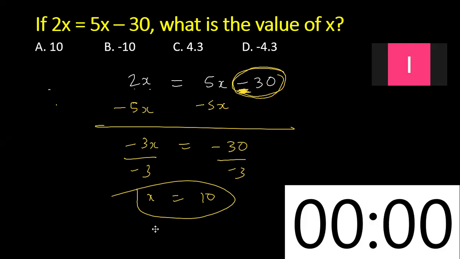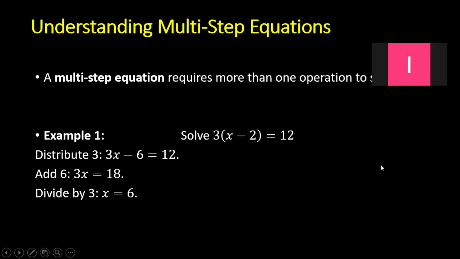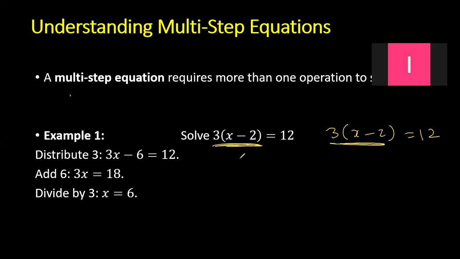Okay. I hope you guys understood it. Let's move on to the next set of questions, which is nothing but understanding multi-step equations. So let's say in this type of equations, 3 times x minus 2 equals 12. First thing, you need to distribute this. Just multiply this.